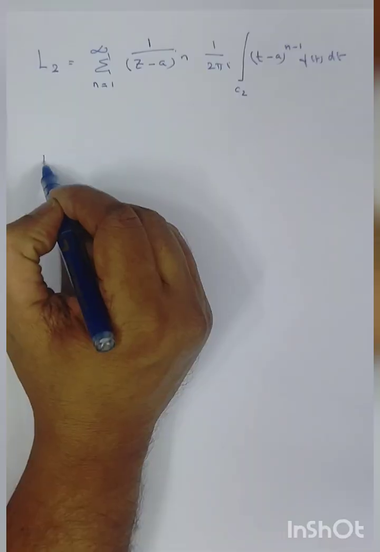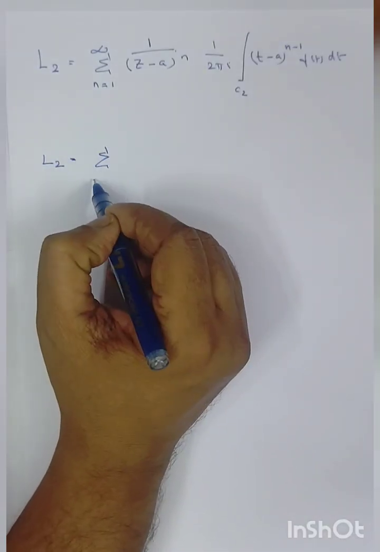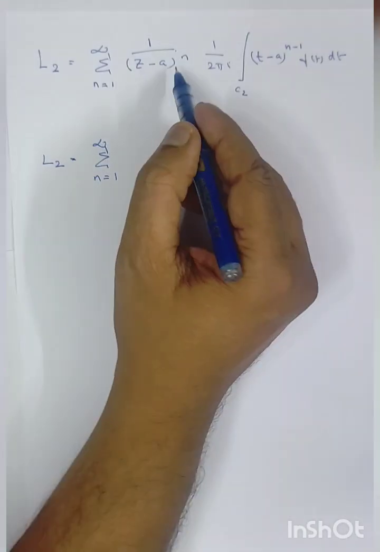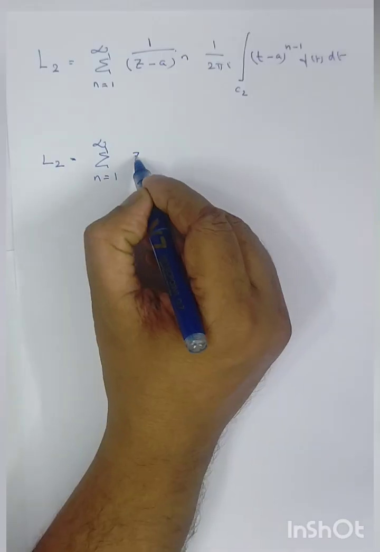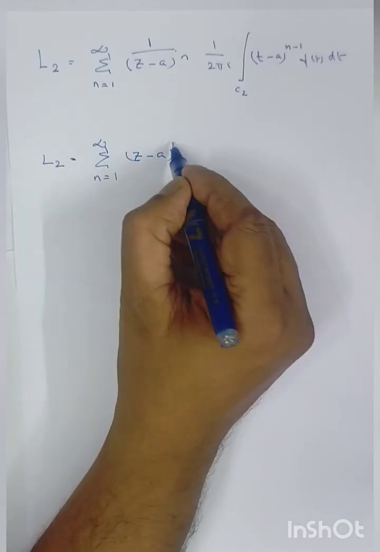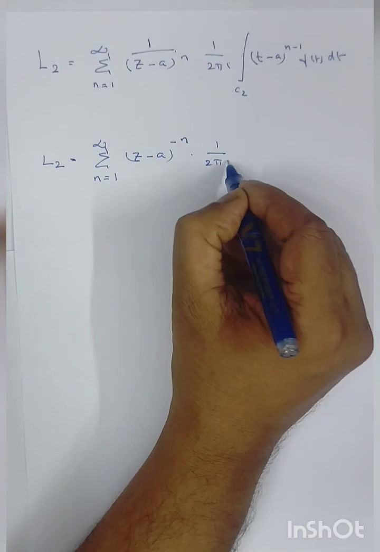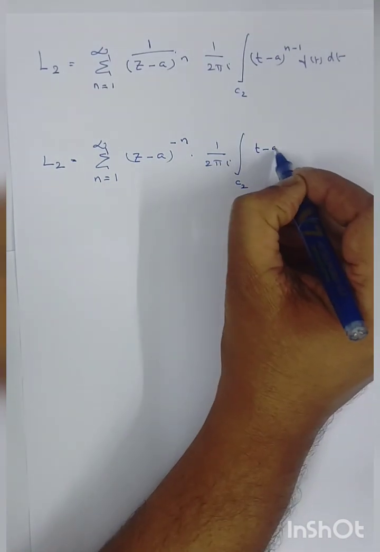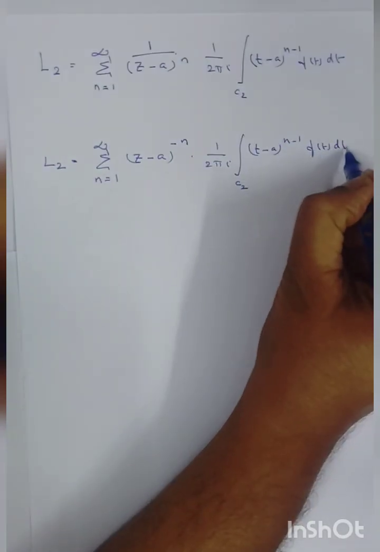So in common we can write L2 equal to the sum, n equal to 1 to infinity. Since this is in the denominator, when it goes to the numerator, this term becomes (z minus a) the whole power minus n, into 1 by 2 pi i, closed integral of C2 (t minus a) the whole power n minus 1 f of t dt.